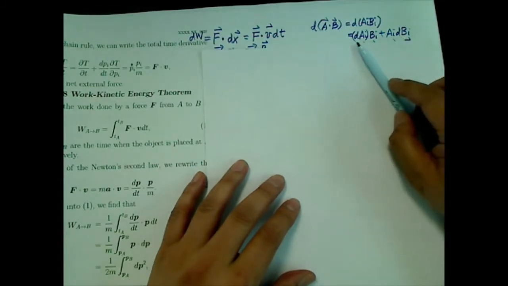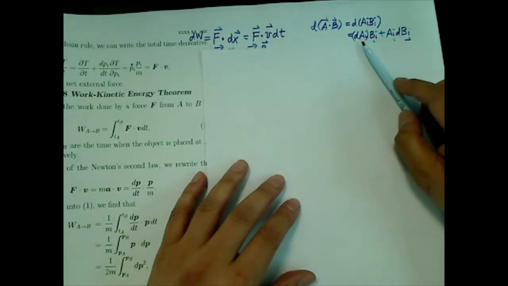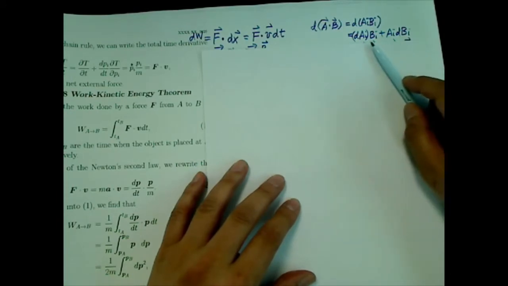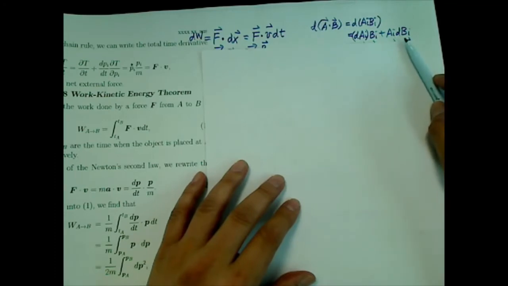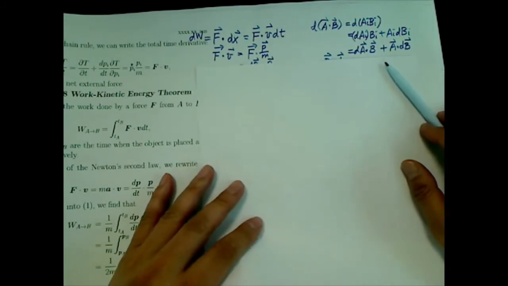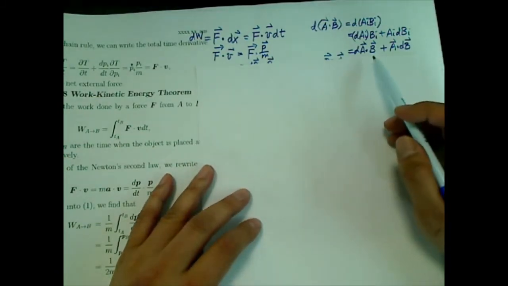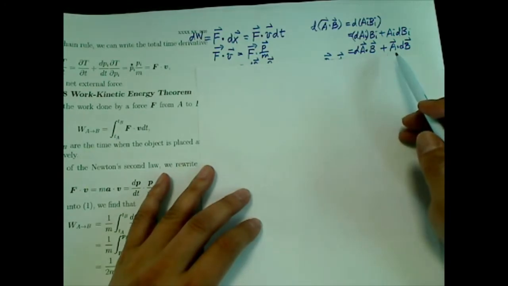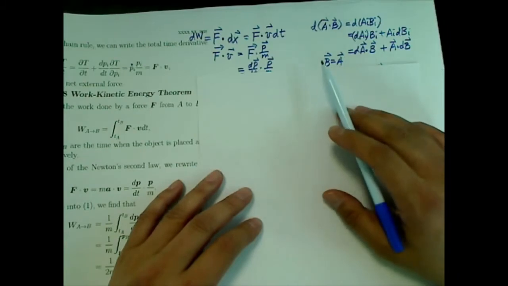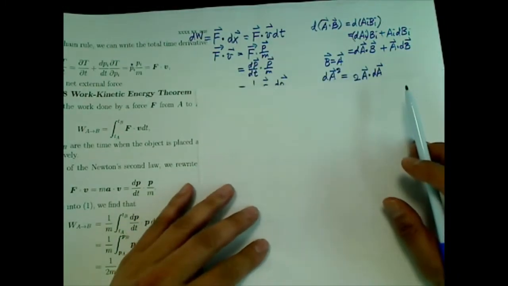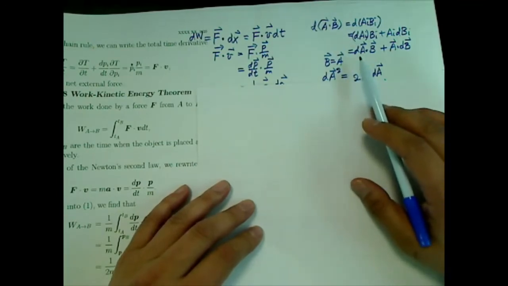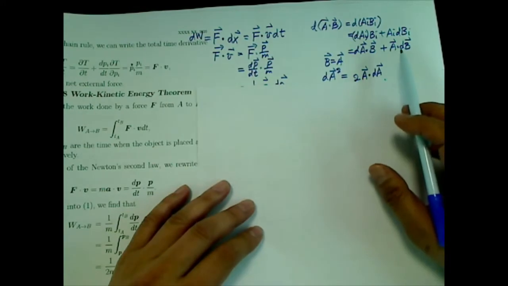Now, this is the ith component of the differential dA, and this is the ith component of the differential dB. Therefore, they can be combined as a scalar product. What we find is d(A dot B) equals dA dot B plus A dot dB. What happens if B equals A? Then A dot B becomes A squared, and this is dA dot A plus A dot dA.